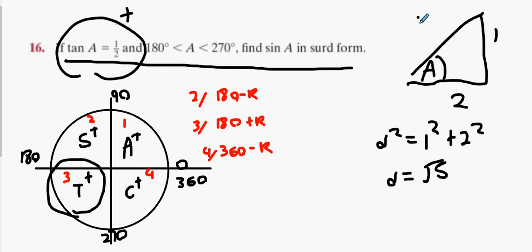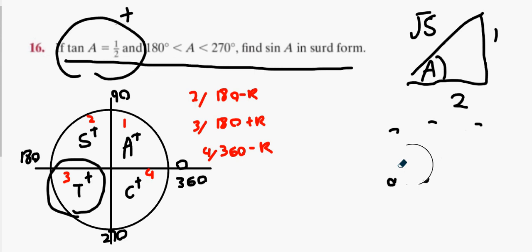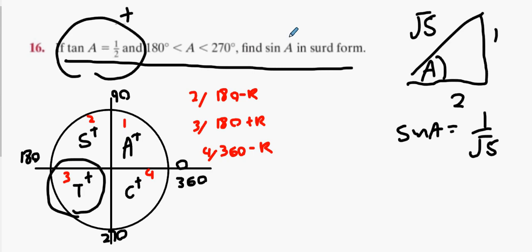Now, only one problem. You'd be forgiven for saying that sine A is 1 over root 5. You'd be forgiven for saying that because 1 over root 5 is what you have. But you got to remember, in the third quadrant, sine is negative. So it's actually going to be minus 1 over root 5. Okay? Because you're in the third quadrant, sine is clearly negative. Okay? So that's the way that works.